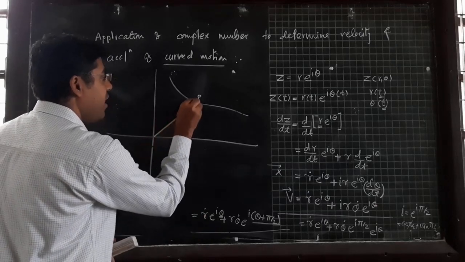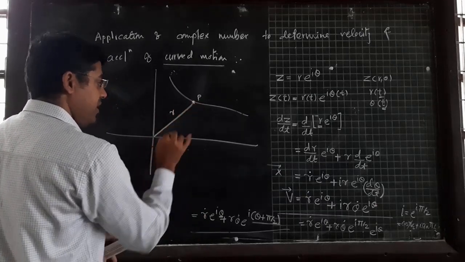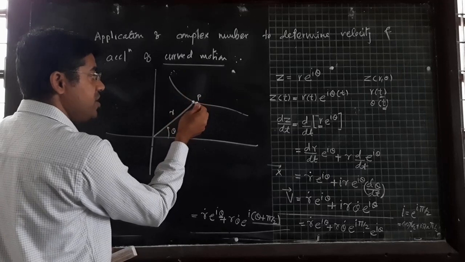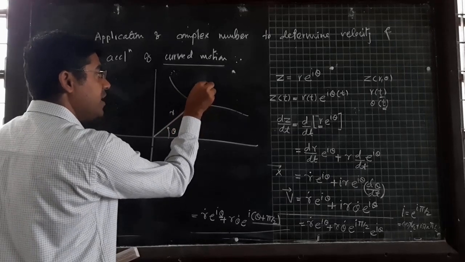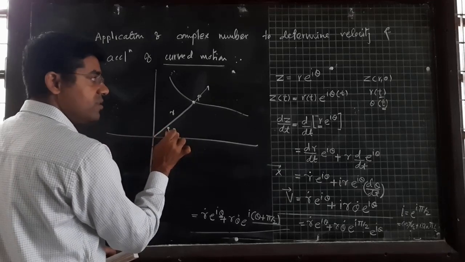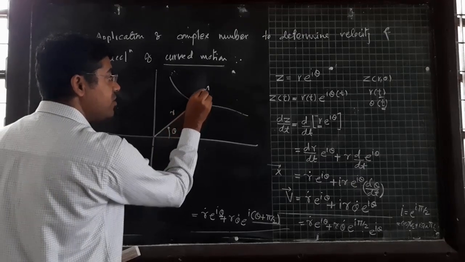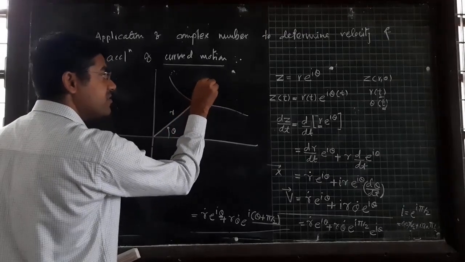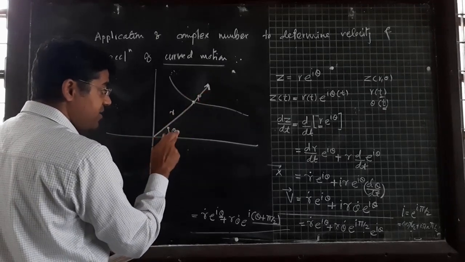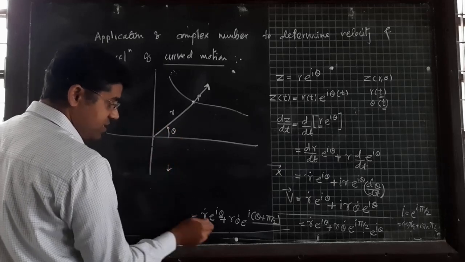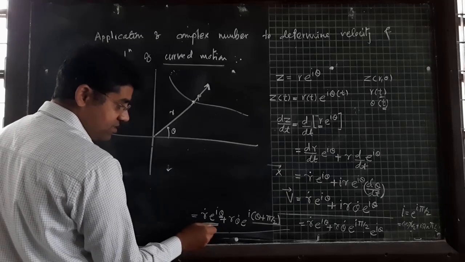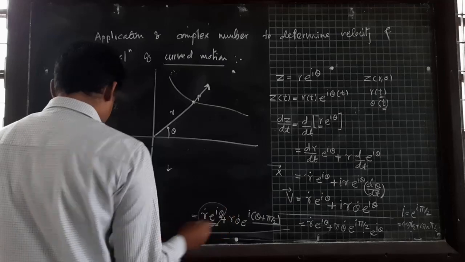So this is my r, this is my theta. Now suppose r is changed. So r is changing in this particular direction by keeping theta the same. The increasing direction of r is here. So this is nothing but the radial component of your velocity.